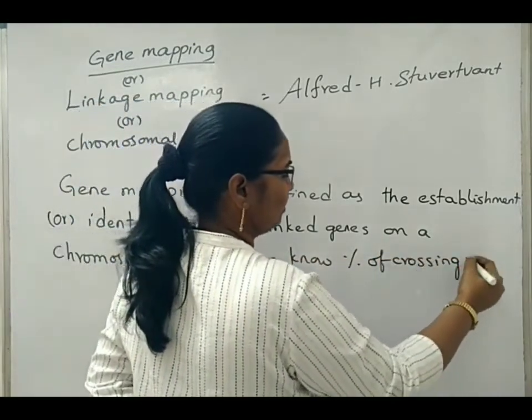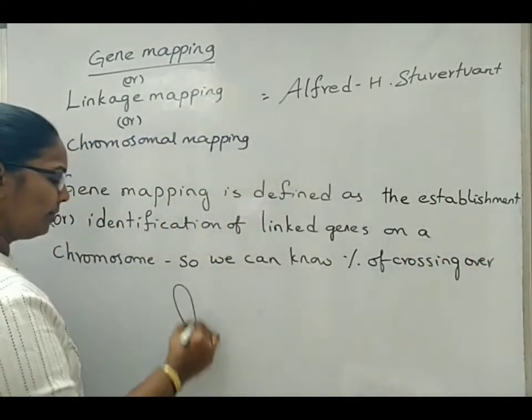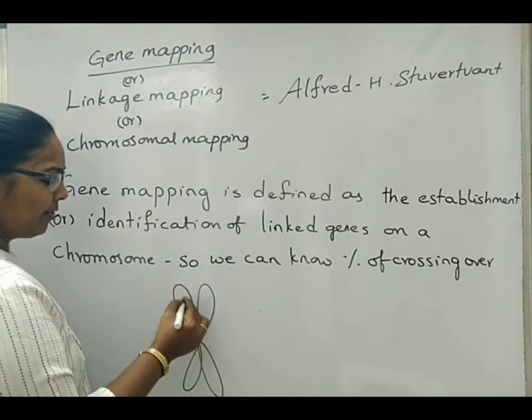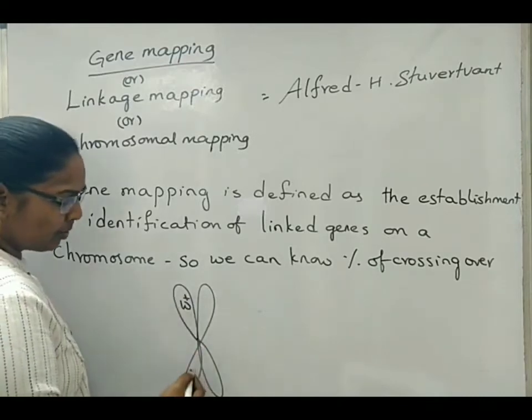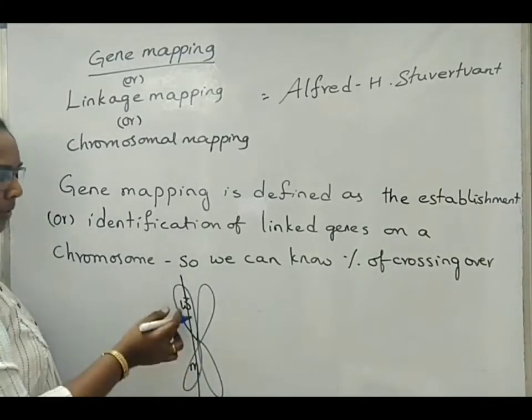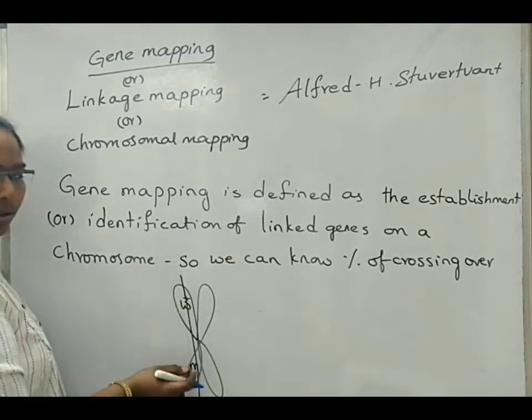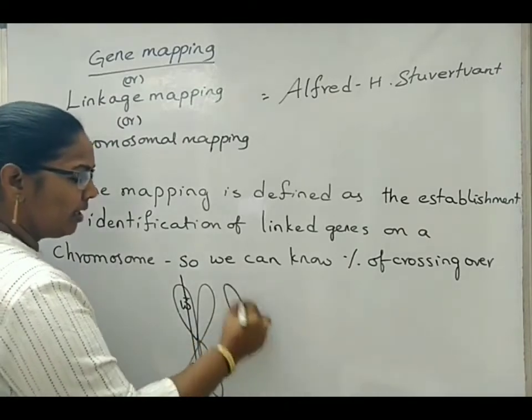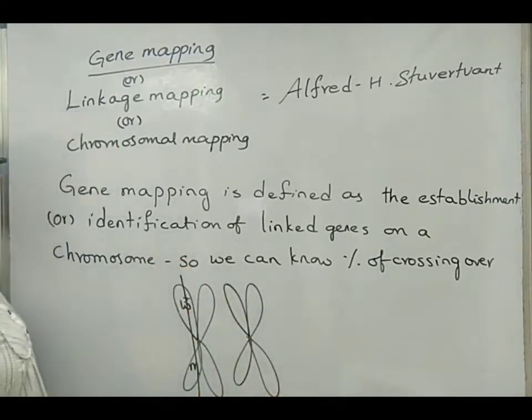What does it mean? We already learned about linked genes. If one type of allele is present on the chromosome, and another type of allele is present, then the distance between the linked genes here is more, so there is more chance of crossing over with the help of homologous pair of chromosomes.